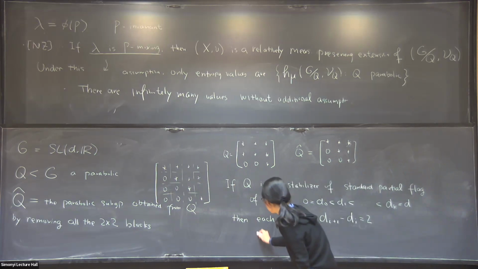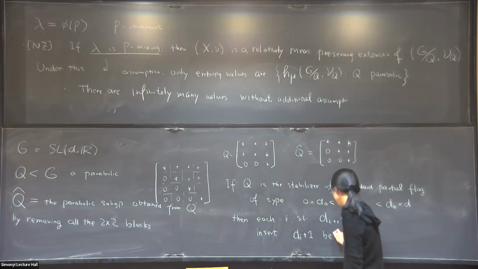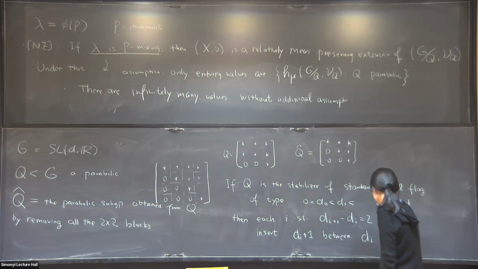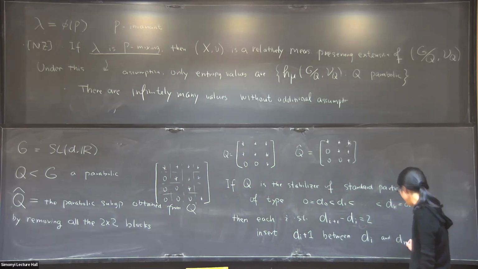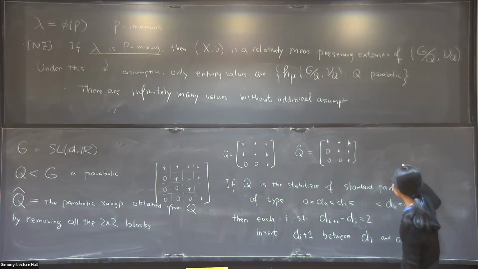We insert d_i plus 1 between d_i and d_{i+1}. So if you had the 4x4 thing with 3 and 1, then you do nothing.